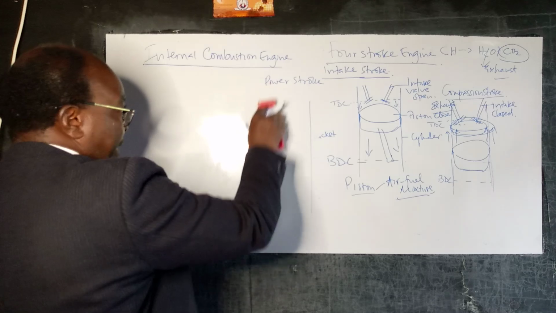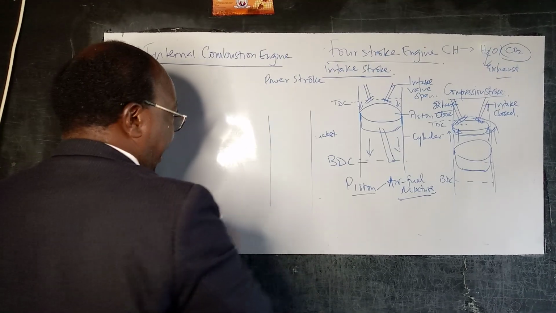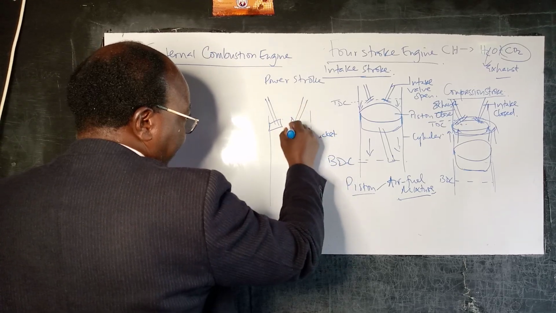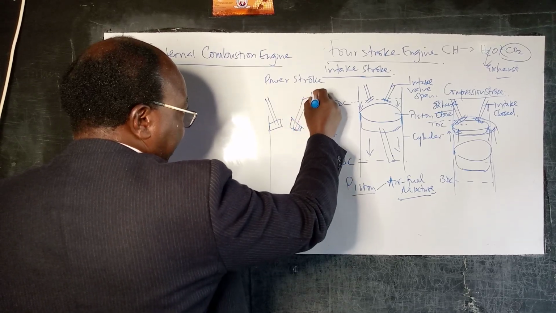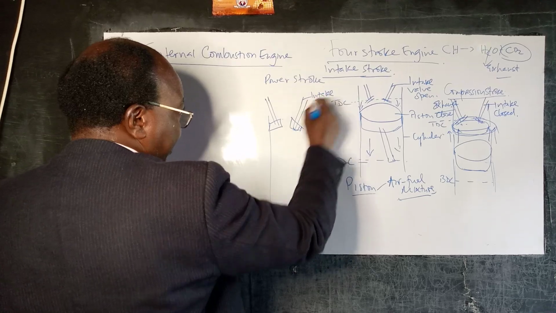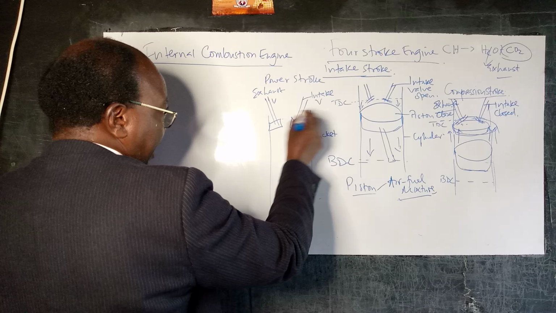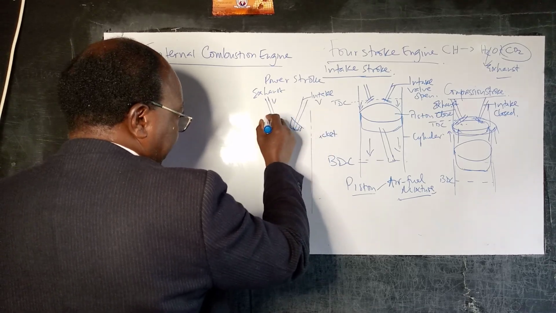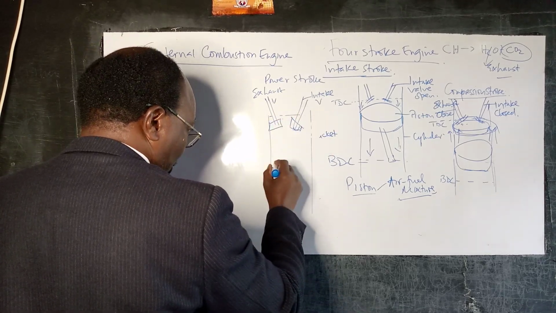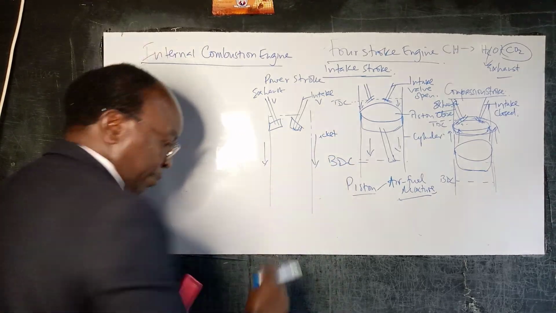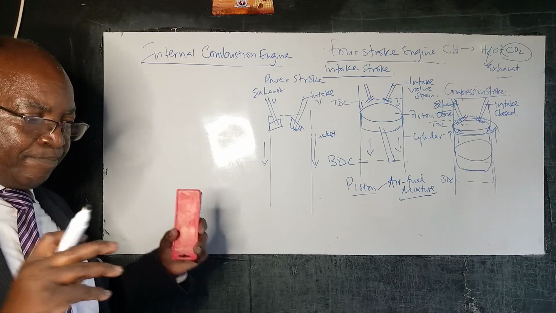Trying to do it as best as we can. Remember, the intake valve and the exhaust valve are very important to always remember that they are still closed. And so the piston is driven down because there's combustion.